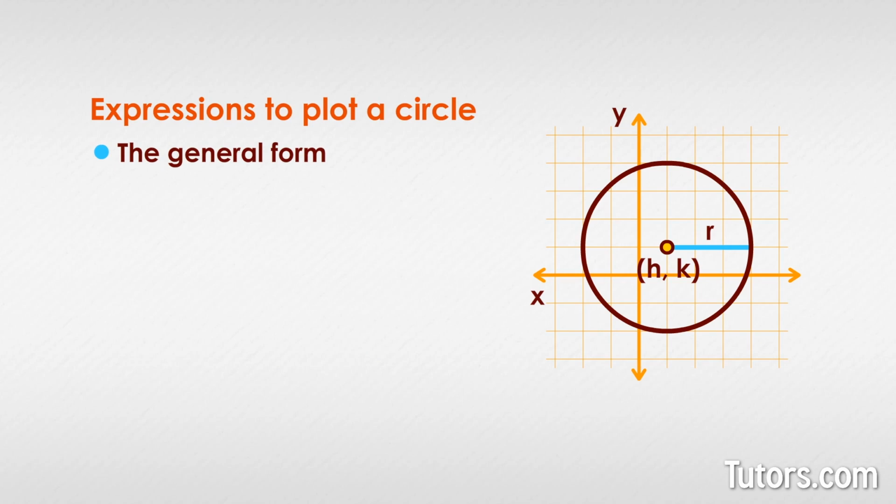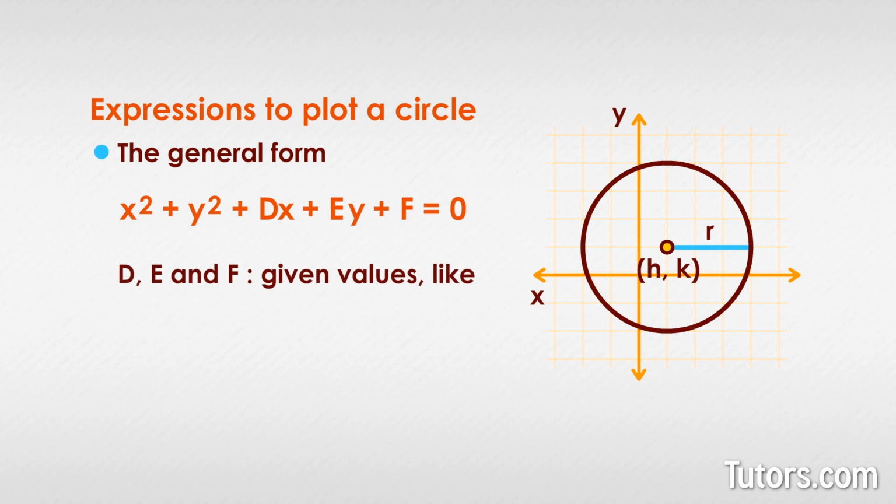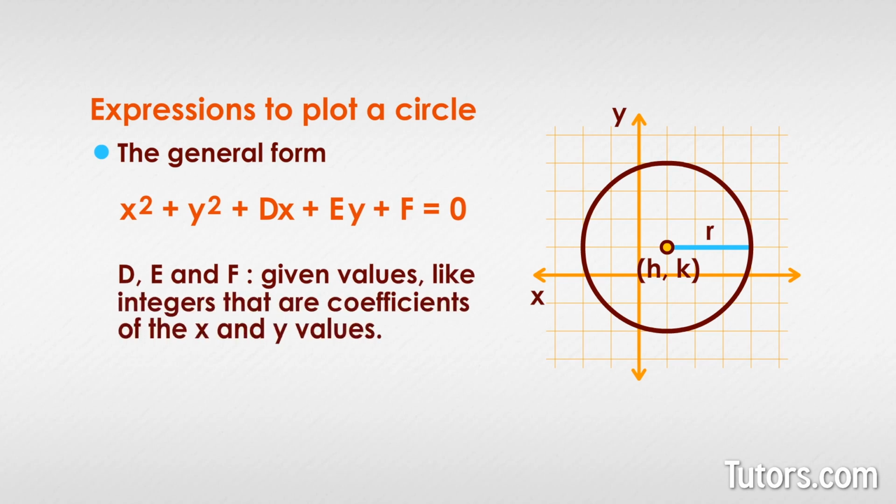The general form, which requires a bit more work than the center radius form to derive and graph, looks like this: x squared plus y squared plus dx plus ey plus f equals 0. In the general form, d, e, and f are given values, like integers that are coefficients of the x and y values.